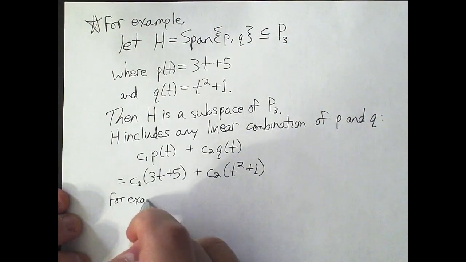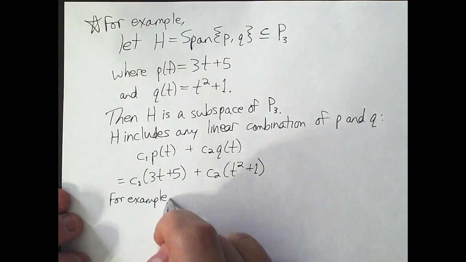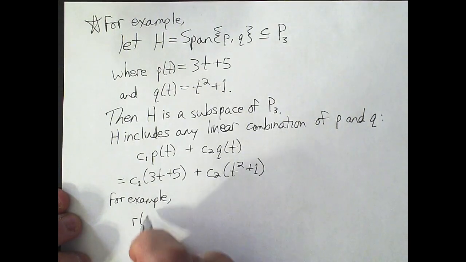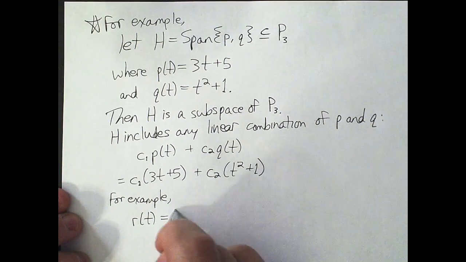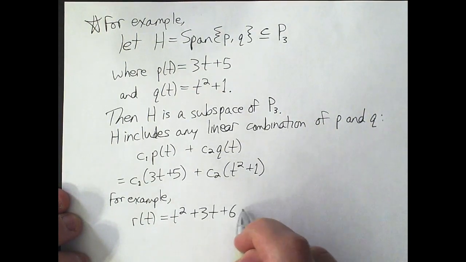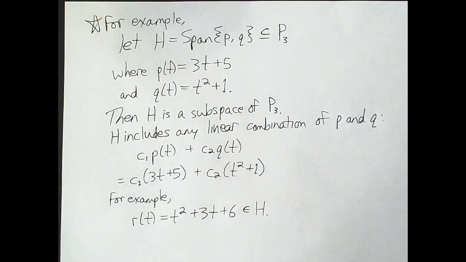For example, I'll give you an example of one thing that is in H. I'll give it another name. Since we already used P and we already used Q, I'm going to call this one R. The polynomial t squared plus 3t plus 6 is in H. Do you see how I got this polynomial as a linear combination of the other two?